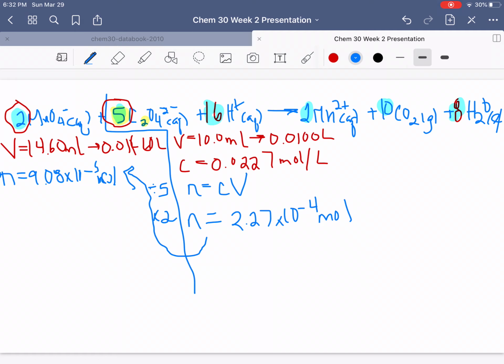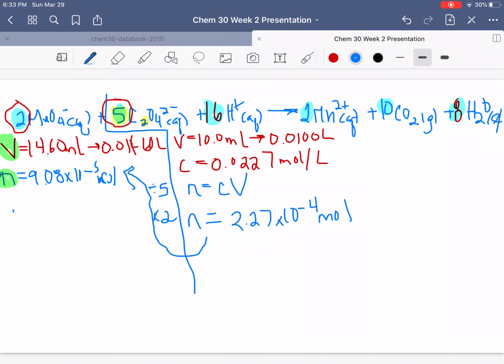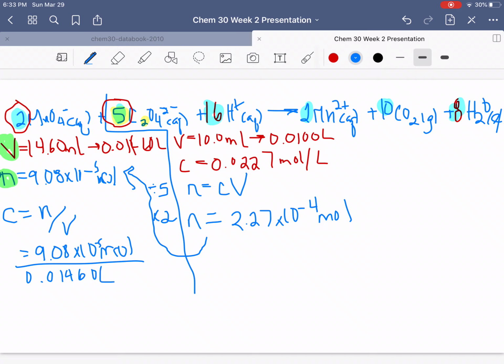Quite a small number. Okay, think about what's here. We have V and we have n. The whole goal of the question was to determine C, and you're good to go. Concentration is equal to number of moles n over volume. No problem. 9.08 times 10 to the negative 5 moles divided by the volume, remember to use liters, 0.01460 liters.